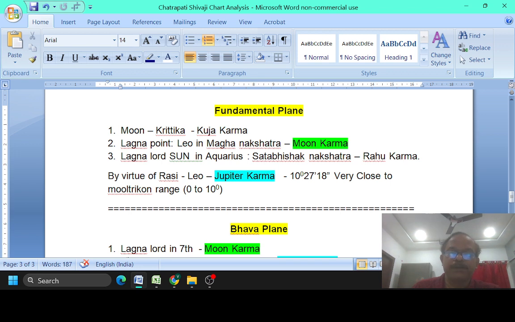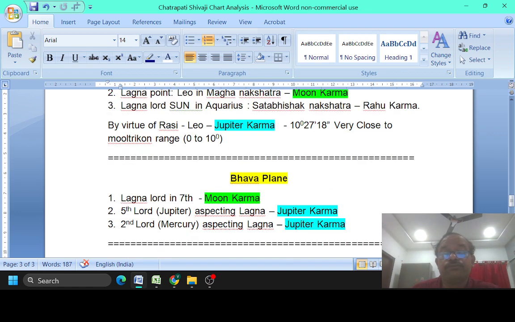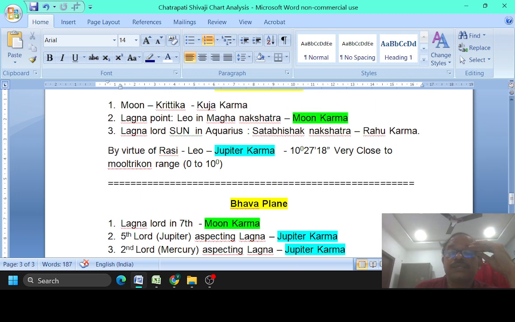Jupiter karma, very strong Jupiter karma, by virtue of the Lagna point, by virtue of the Bhava plane, and by virtue of the planetary plane. Because of these three, the person has very strong Jupiter karma.